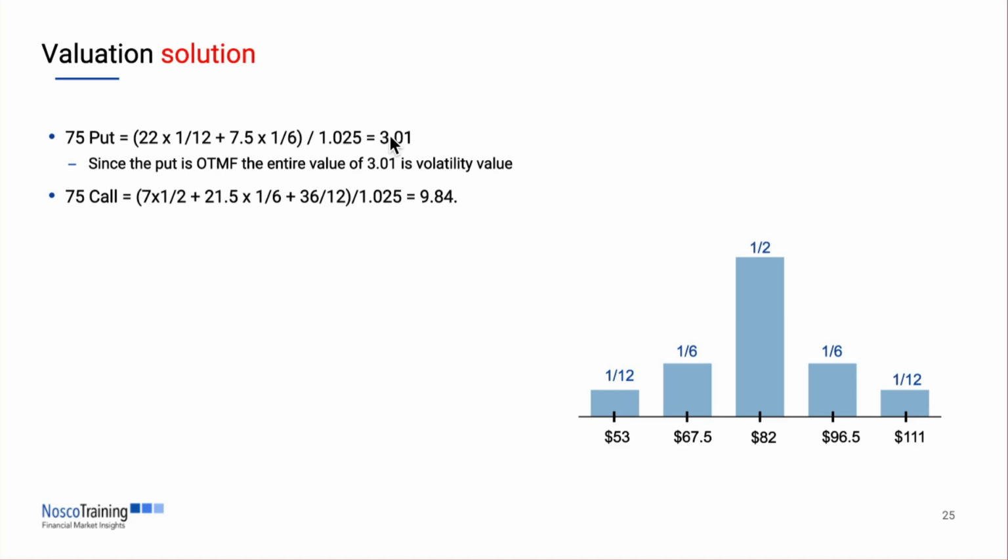But now comes the interesting question. Vincent told us last time how to do that. What is the volatility value of the 75 strike call? Because we remember, an in-the-money option has 2 kinds of values. First, parity value plus volatility value. What is parity value? Parity value tells us how much the strike is better than the forward, right?